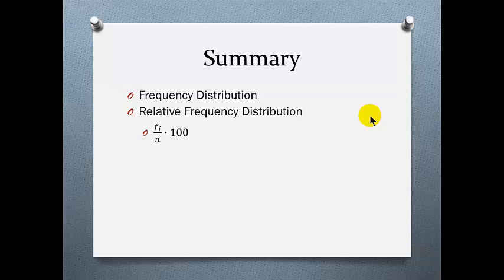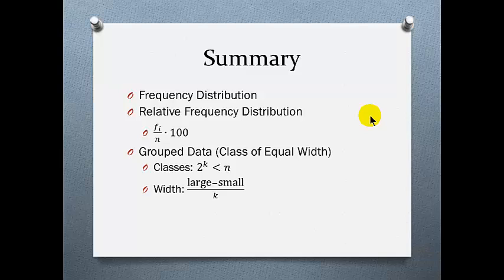Then we stretched it further to uncountable data responses. Uncountable such as weight. There's so many different data values. It might be some type of continuous measurement, the height of something, the width of a pipe, whatever you're working on. And so we would group data together in such a way that we could represent the frequency of a group. And the groups are called classes. And the way we determine the number of classes is we said 2 to some power has to be smaller than the number of data values.